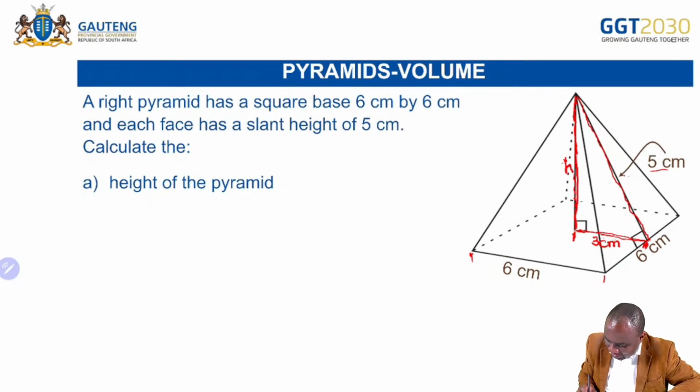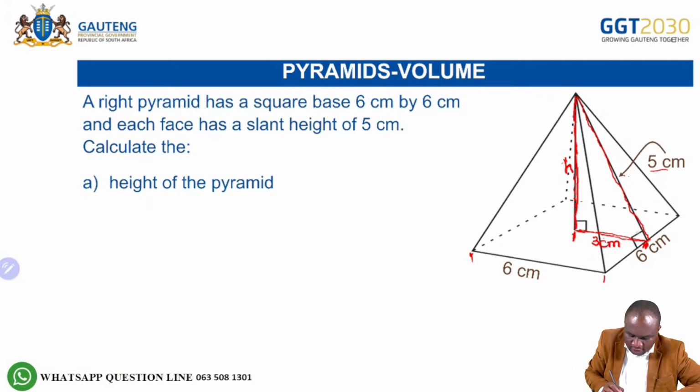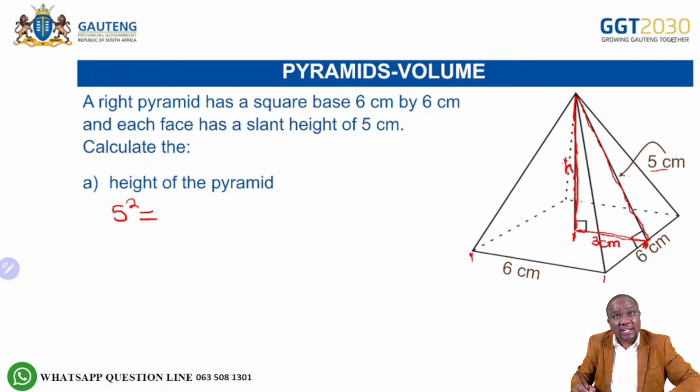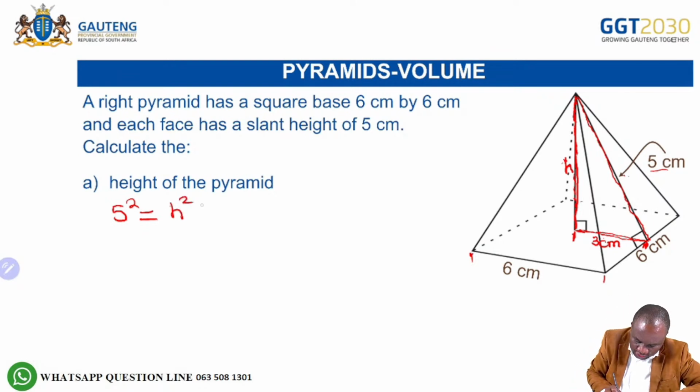Right, welcome back, grade 10s. I really hope you managed to find the height of the pyramid. If you check, our hypotenuse is 5, so 5 squared is equal to the height squared plus 3 squared. And the reason here: Pythagoras.